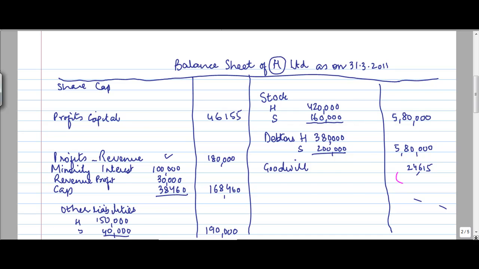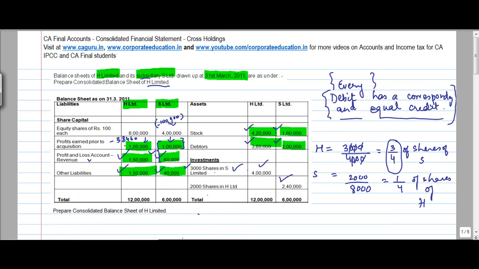Let's see the last number which is left. Okay, let me do the cutting. So what happened was I took this 1 lakh. I took this 1 lakh. I reduced 38,460 from here. I adjusted this for goodwill. Out of this 4 lakh, 1 lakh went to minority and 3 lakh went in the goodwill calculation. Out of this 8 lakh also there was some adjustment which I did. What was that?